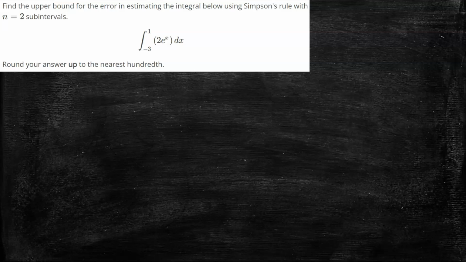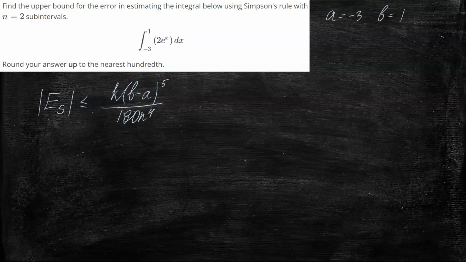We are going to find the upper bound for the error using this formula, where a is -3, b is 1, n is 2. To find k, we're going to find the fourth derivative.